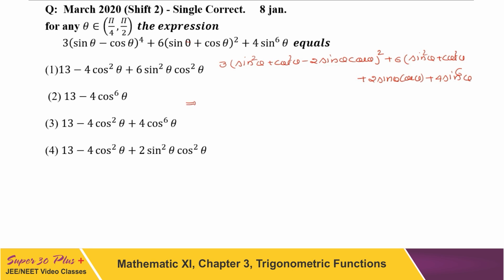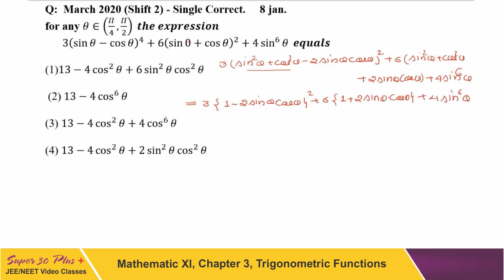Now simplify it. It will become 3 times (sin²θ + cos²θ is 1, so 1 − 2 sinθ cosθ) whole squared, plus 6 times (1 + 2 sinθ cosθ), plus 4 sin⁶θ. Got it?